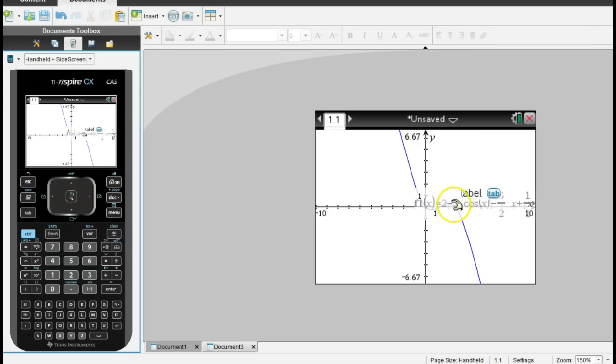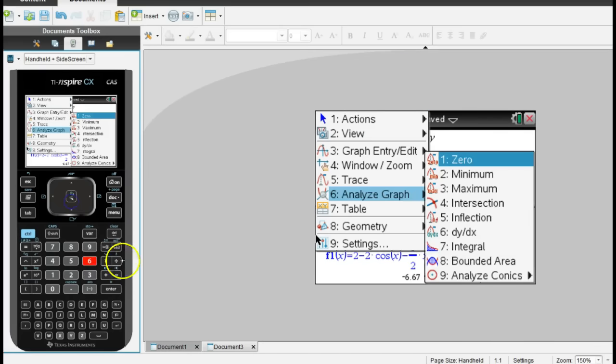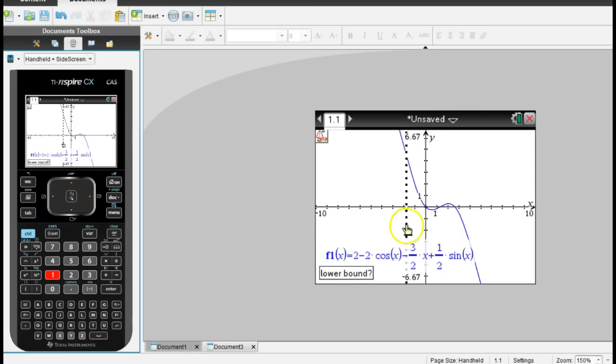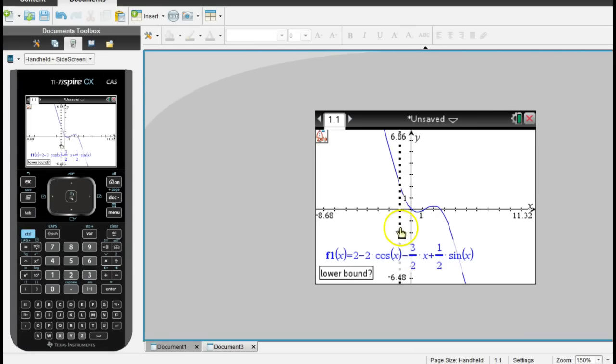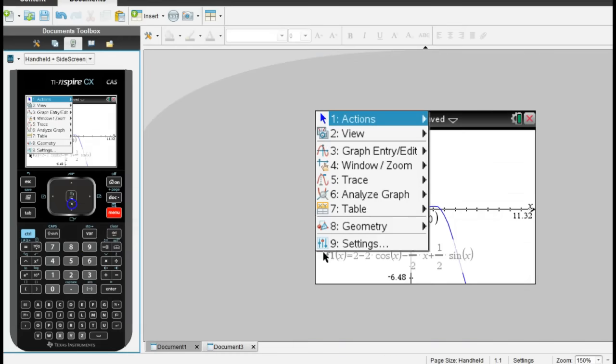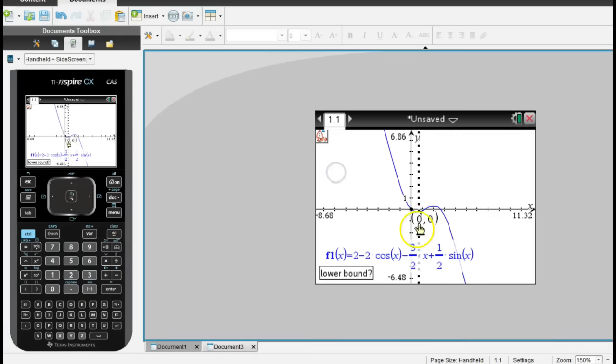So we need to find where it's crossing the axis, so let's get rid of that label that's in the way. Menu 6.1. It looks like it's 0, good. Menu 6.1, right, where else is it? Let's find out where it's 0. 1.31, there it is.